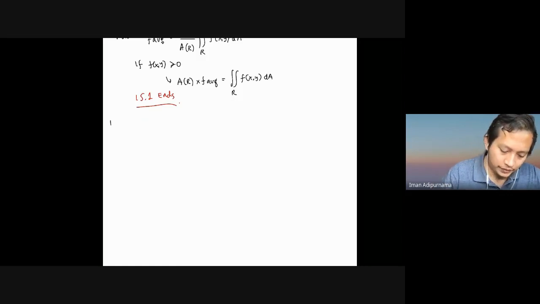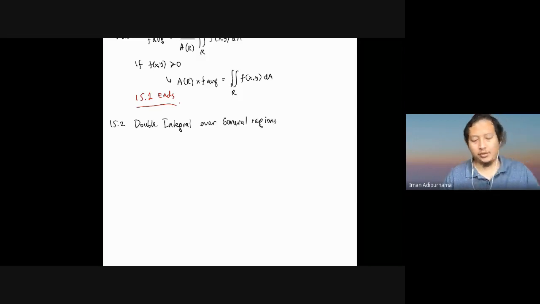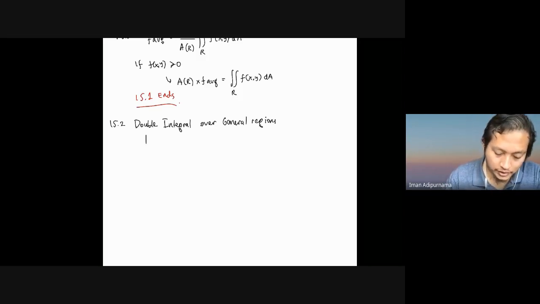Okay, now 15.2. This is called the double integral over general regions, which I actually already explained before. So let me just rephrase the importance, or how to measure the double integral.